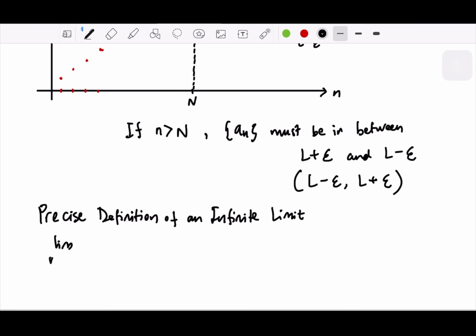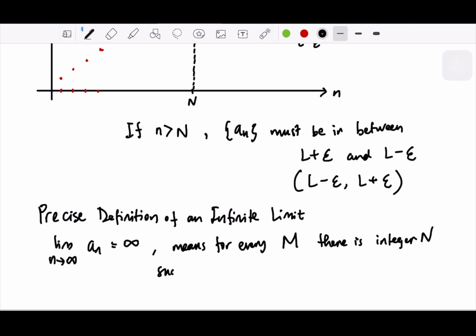So the limit as n approaches infinity of a_n equals infinity means, okay, for every M, there is an integer N such that if n is greater than capital N, then a_n is greater than capital M.